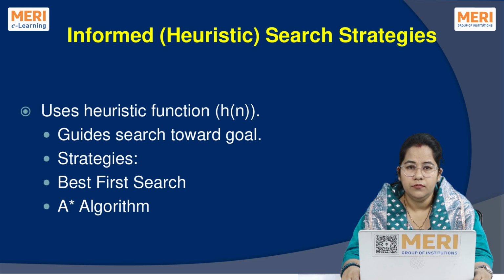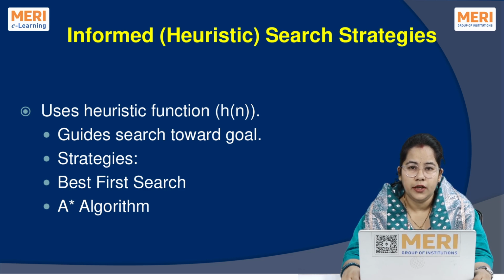These algorithms use a heuristic function, typically denoted as h(n), which estimates how close a given state is to the goal state. By using heuristics, the algorithm can prioritize more promising paths and avoid unnecessary exploration. This significantly improves efficiency and reduces computation time.